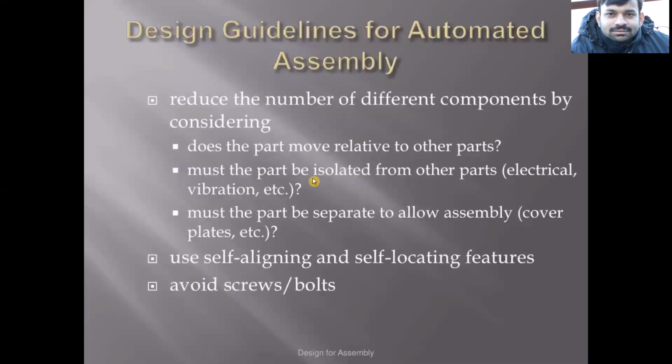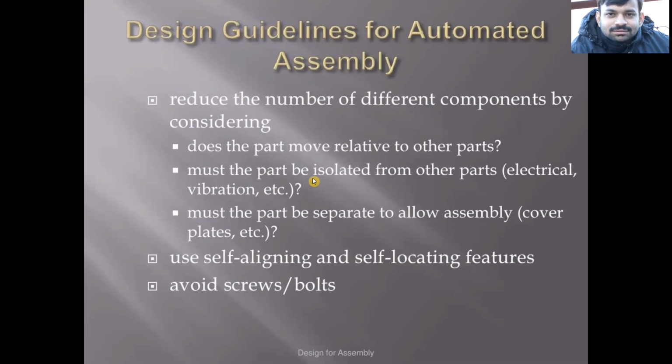Design guidelines for automated assembly. So what are the guidelines for automated assembly? Reduce the number of different components by considering the following. Does the part move relative to other parts? Must a part be isolated from other parts, such as electrically or for vibration?